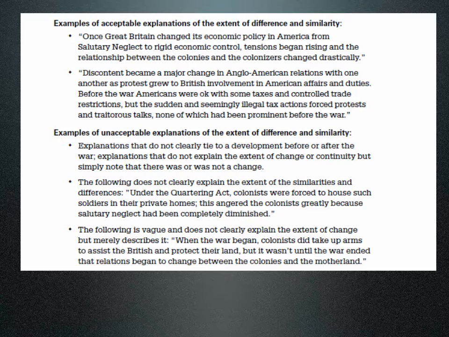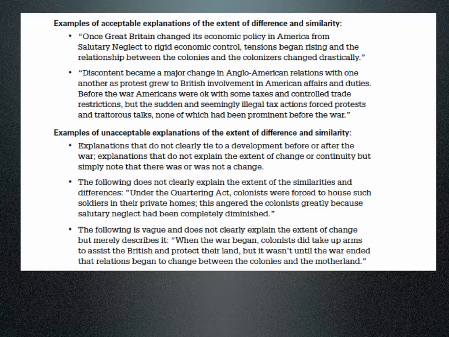Here is a little bit more information about acceptable explanations of similarity and differences, and you can read through those and see how the writer is careful to note and use the terms about the changes in policies, and also to talk about continuities and to be very specific.